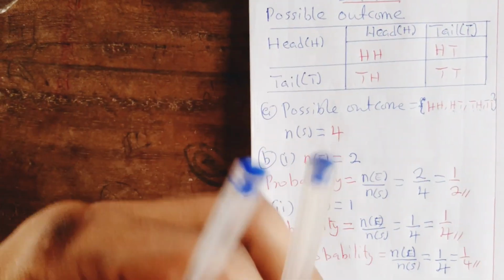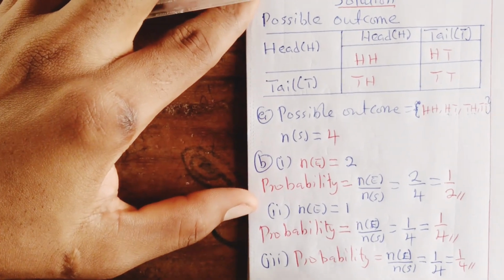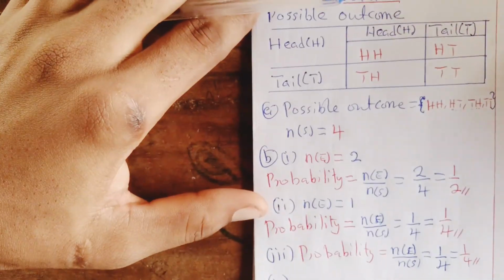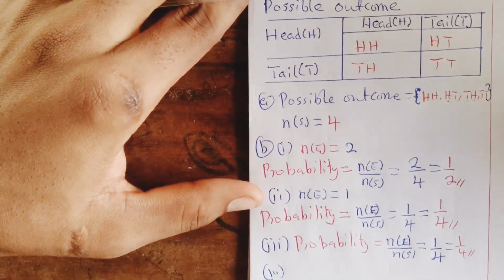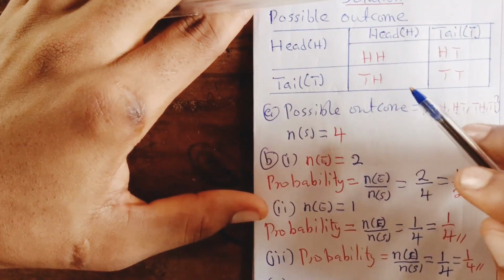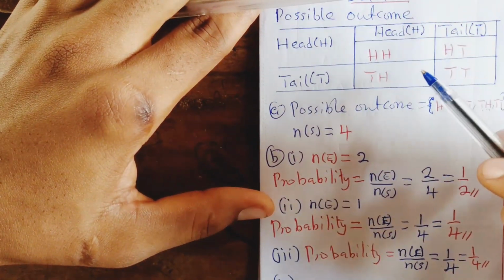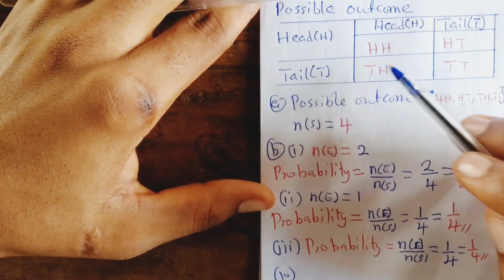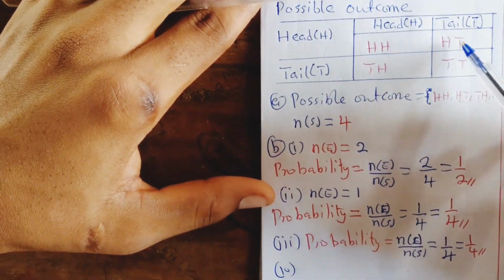Then the last one, the probability of obtaining at least 1 tail. So it means that if you take the table, the least that you have must be a tail. So if you take the table, you have 1, 2, 3.